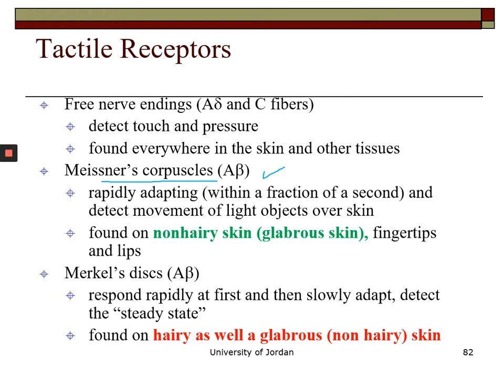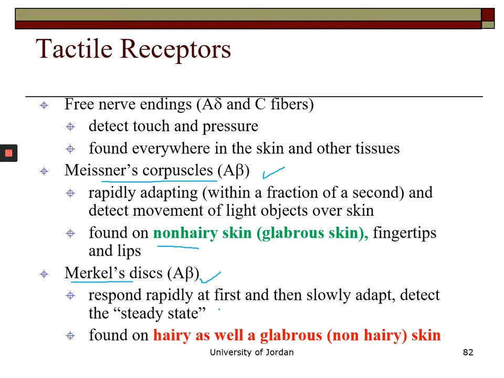Sense of vibration, like the tuning fork, is on-off, very rapid sensation. And they are found in non-hairy skin, glabrous skin, like fingertips and lips, so they are not found in the axilla, for example. The axilla is hairy. In other aspects, Merkel's disc are also connected to A beta fiber.